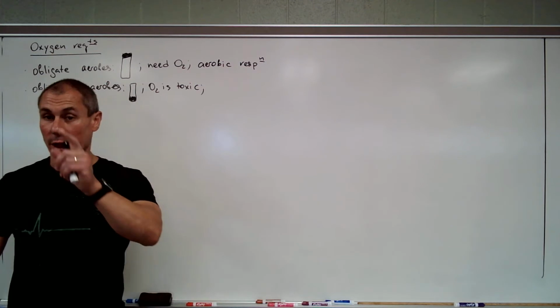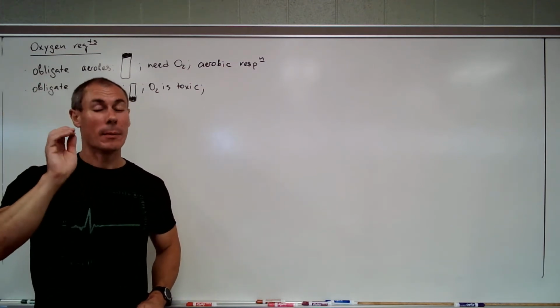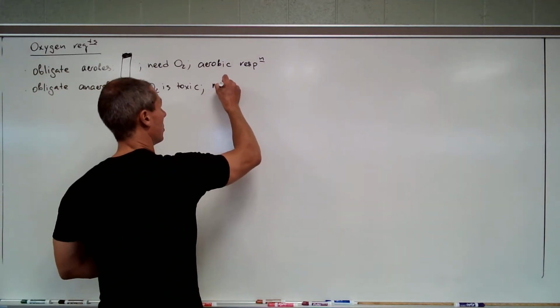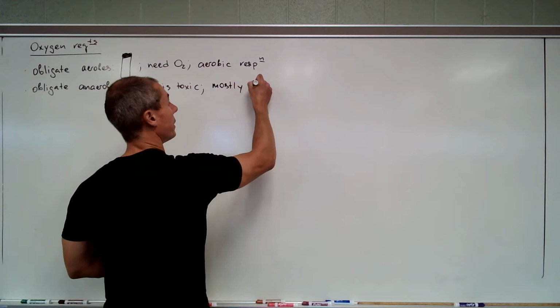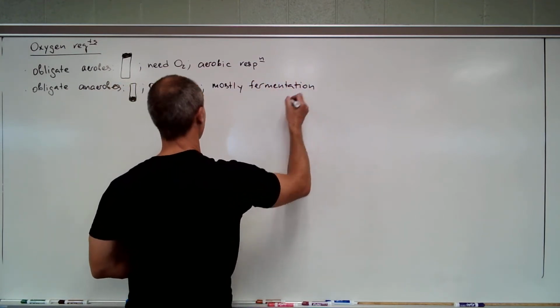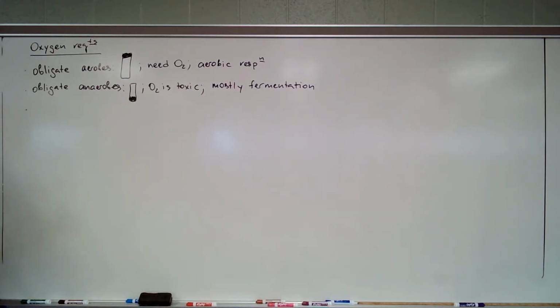Most likely fermentation. I understand the thinking. We'll get to why it's most likely fermentation. You will see it's a really elegant idea here. Now I'm going to get progressively more complex ideas.